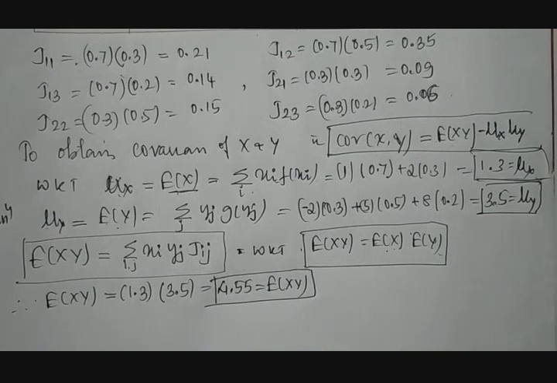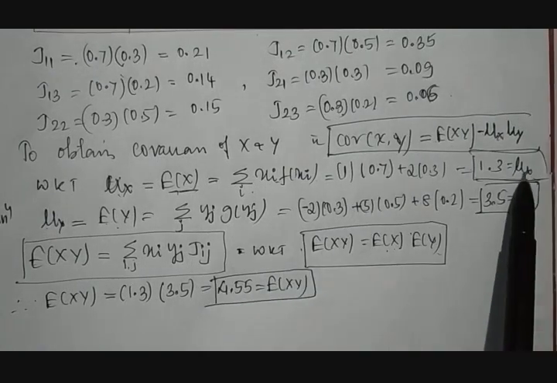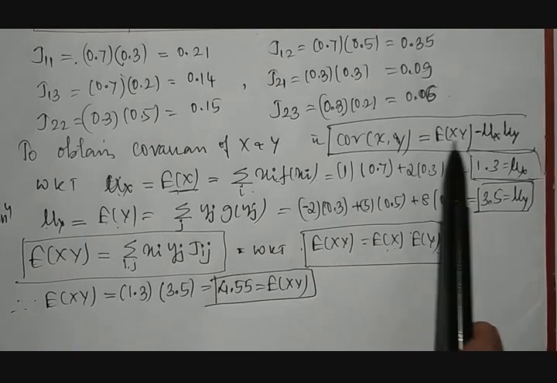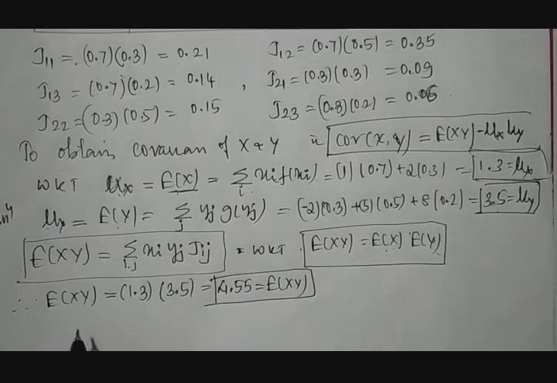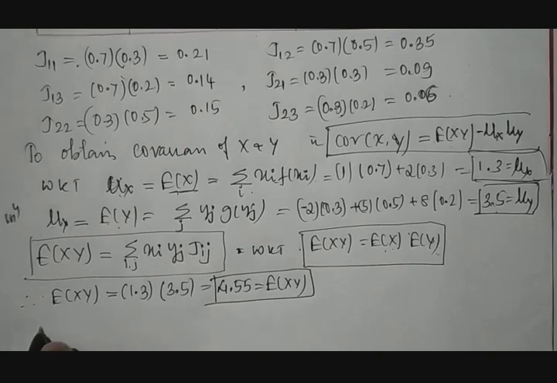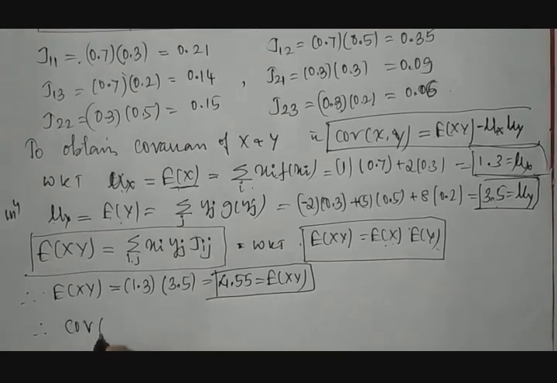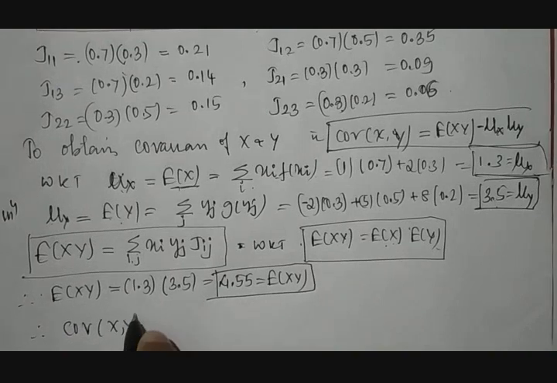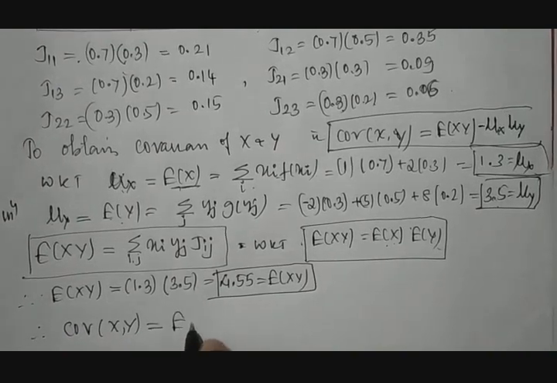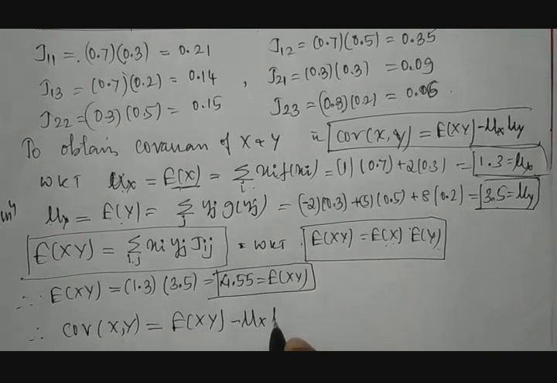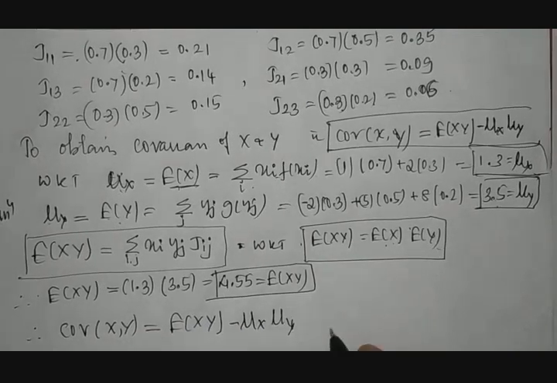Okay. We got expectation of x, expectation of y, and then expectation of x into y. Then we can go for covariance. Therefore, covariance of x, y is equal to expectation of xy minus mu x into mu y.